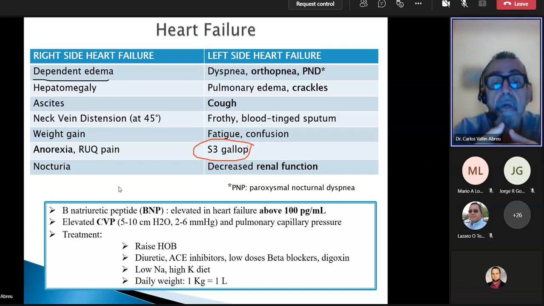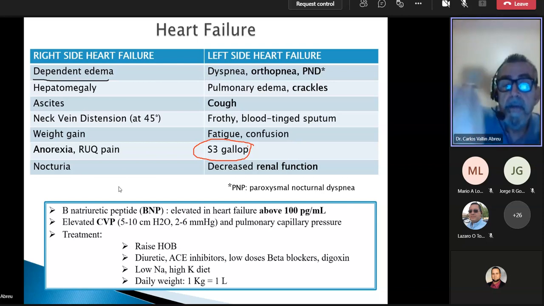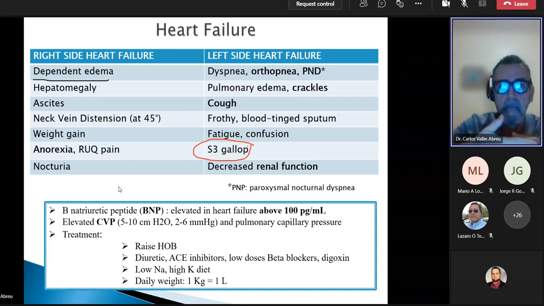So the S1 is the moment in which the ventricles start contracting and increase the pressure of the blood inside the ventricles, and this is going to close the door of the mitral. When the mitral closes, preventing the blood from returning wrongly back to the atrium, that is the closure of the S1.